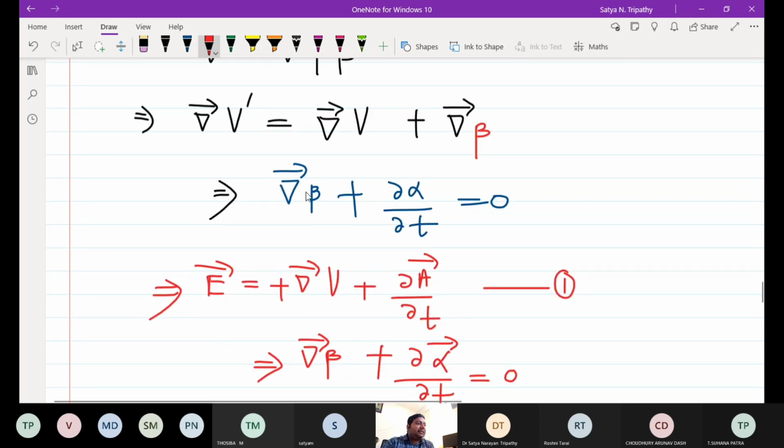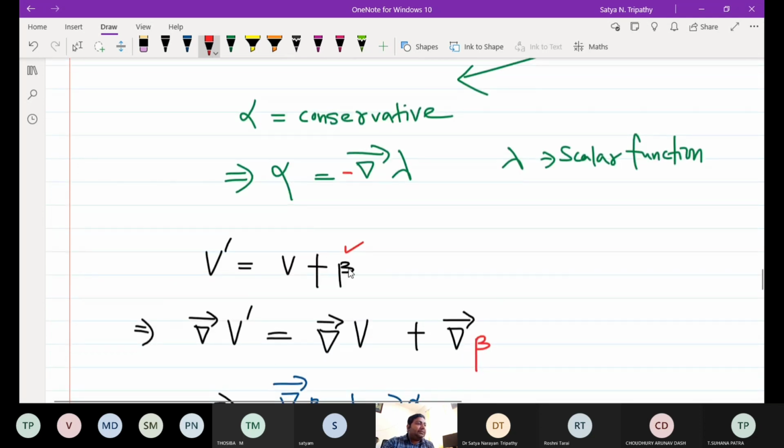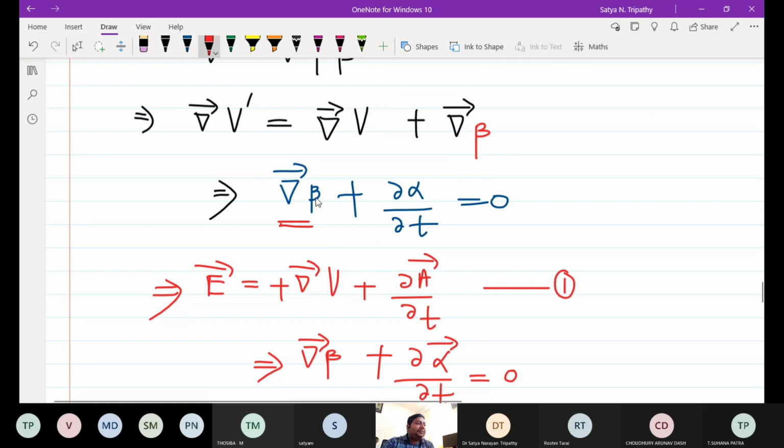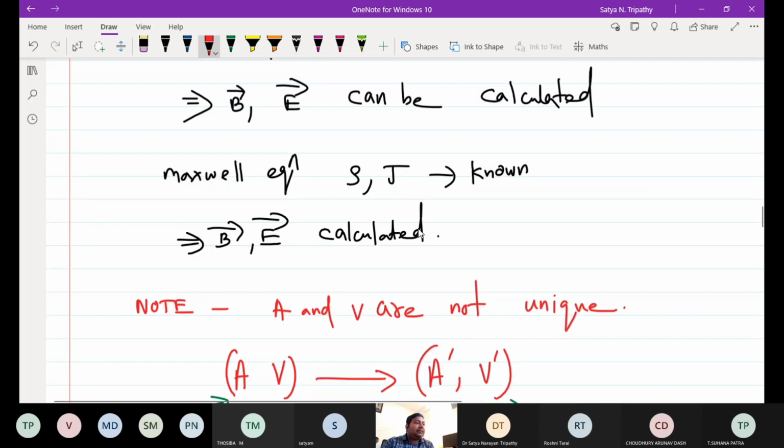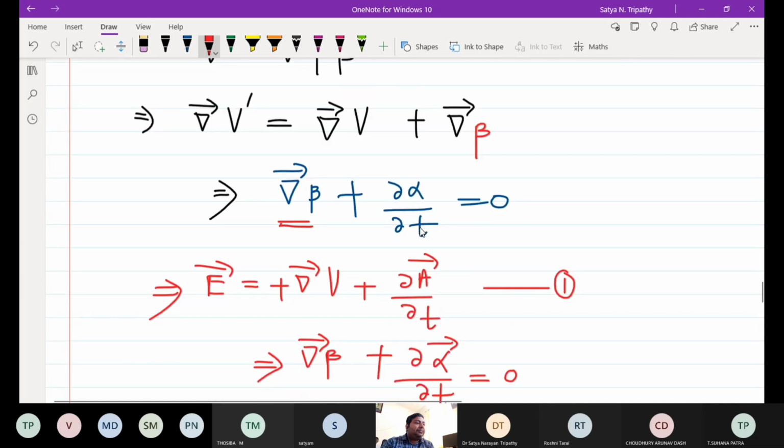So I expressed this gradient of B as the electric field, because B is a scalar function. I converted to the gradient of a scalar function that will give me the electric field, plus d alpha by dt. I'll keep it here.